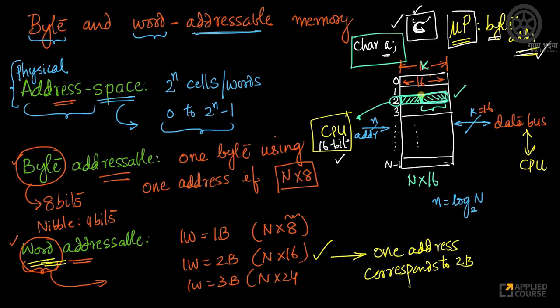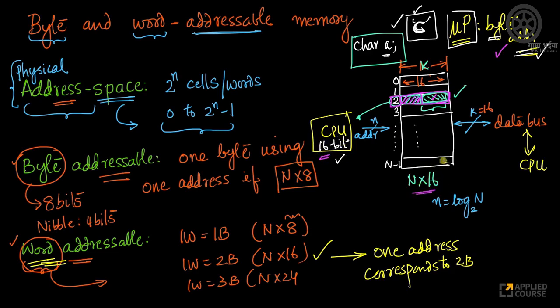If I want to load whatever data is there in this memory, I'll give this address 2, and I'll fetch this whole word. Of this whole word, I'll simply ignore this part and only use the last 8 bits, the second byte here. So you can actually have byte addressability even when your CPU is not an 8-bit CPU, even when it is a 16-bit CPU.